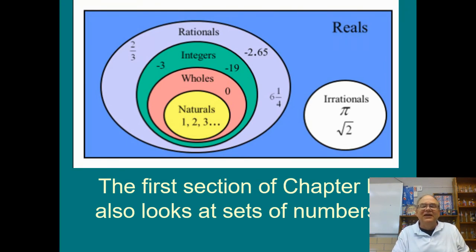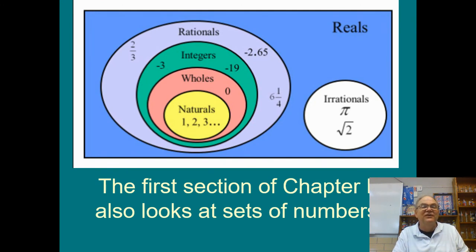So this chapter P that we're in, the main thing that's new, at least so far, is that idea of interval notation, using the parentheses and brackets to communicate greater than and less than. What we're going to also do is review a bunch of other stuff in this section as well. You're going to see some questions in the assignment I give that go back and talk about sets of numbers, which we did literally a year ago this week.